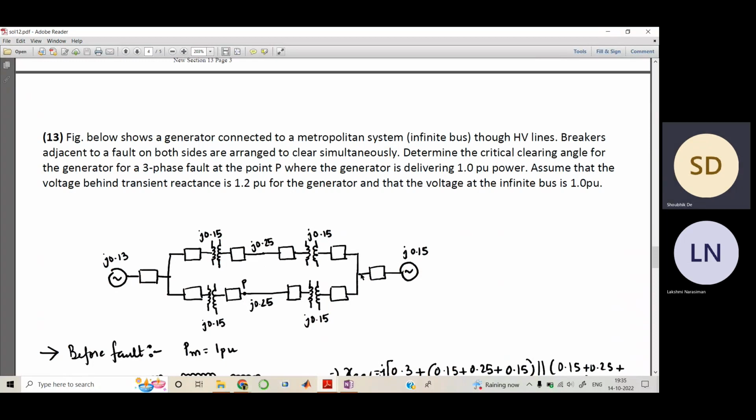So the output won't be 0 during the fault. So we have three cases: before the fault, during the fault, and after the fault. Using that we have to calculate the critical clearing angle.